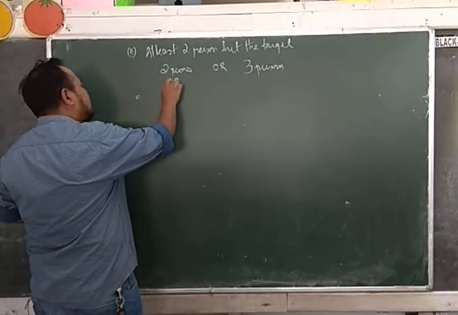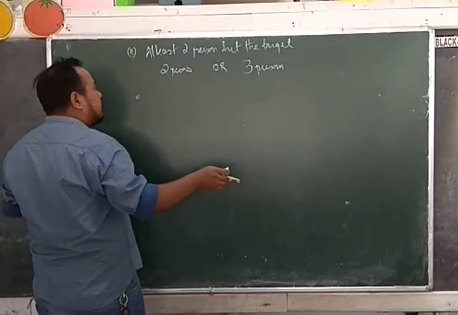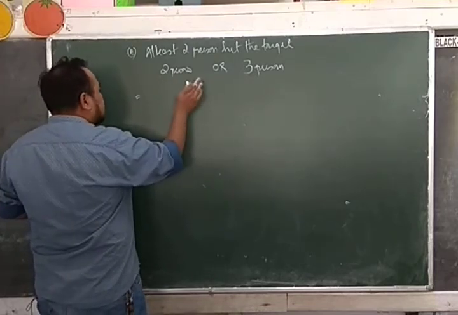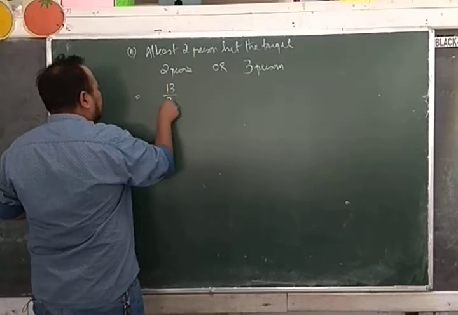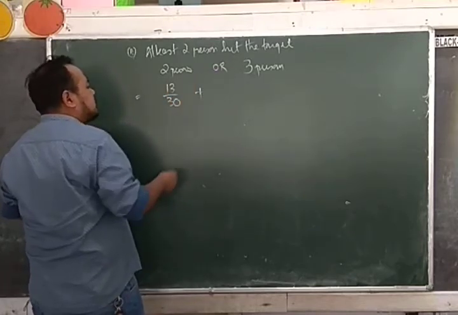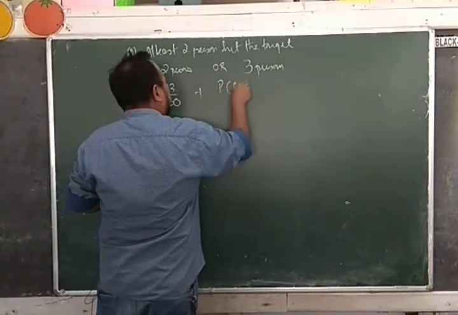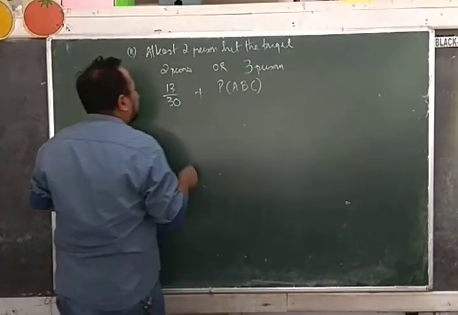Now the probability that 2 persons hit the target we have already calculated, isn't it? What was that? 13 by 30, plus 3 persons means what? A will hit the target, B will hit the target and C will also hit the target.